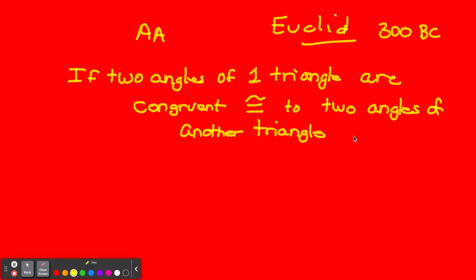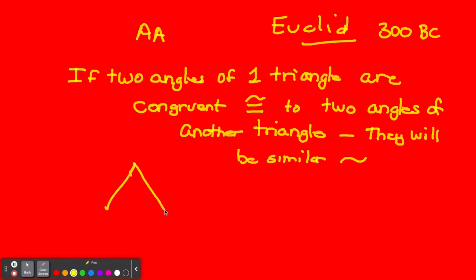The triangles will be similar. And here's our symbol for similar. So in other words, they're the same, they don't necessarily have to be the same size, but they just have to be the same shape, and they have the same angles.